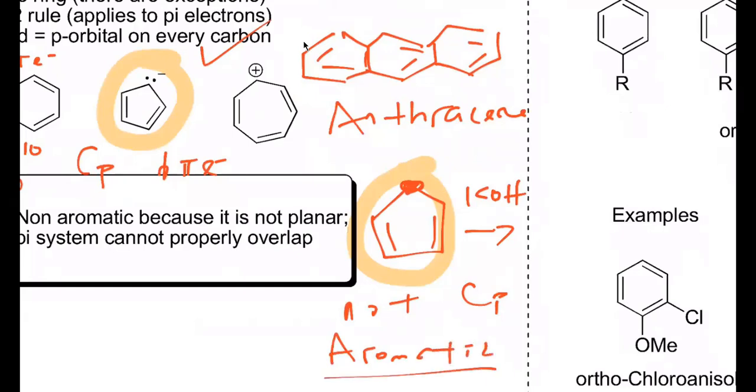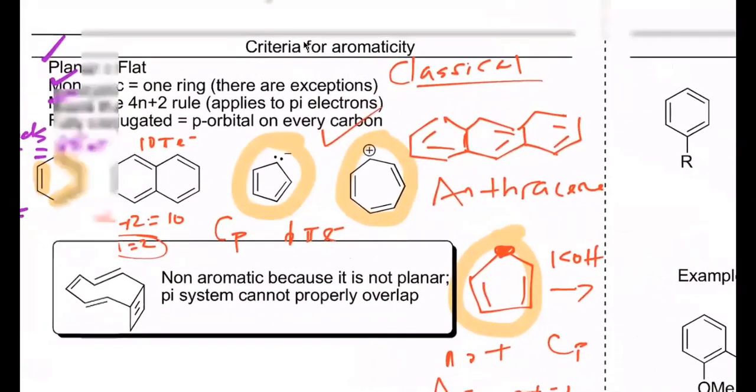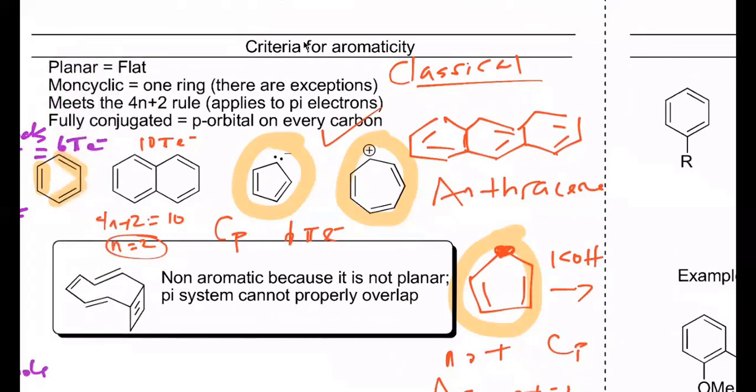All right. And then I'm just giving some examples of molecules that are aromatic. So this also will be considered aromatic. Can somebody tell me why? Let me pull the rules back up. Does this satisfy all the rules for aromaticity?